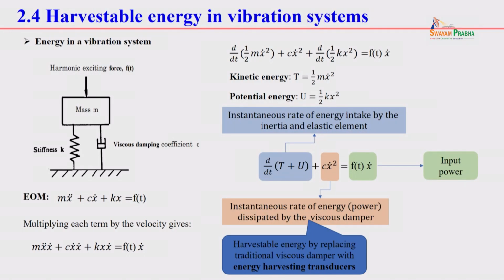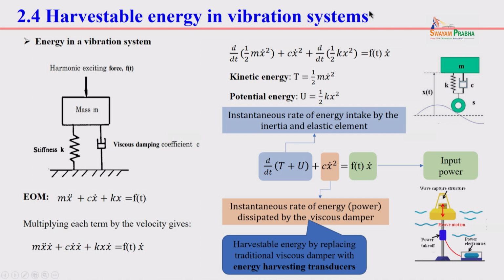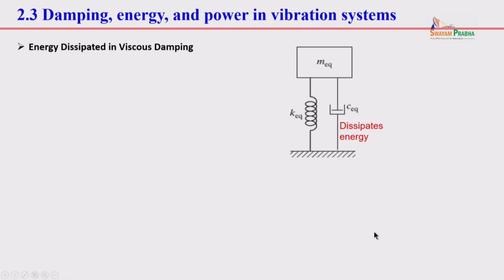Because the spring will not take energy away, the mass will not take energy away, only the damper takes energy away. This is how energy harvesting works. You design an energy transducer or PTO to take energy out. That is damping, right? No matter whether it is the car shock absorber or the PTO, this is damping. So energy is dissipated through the damping.